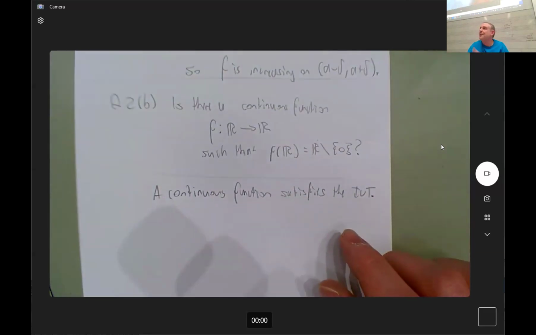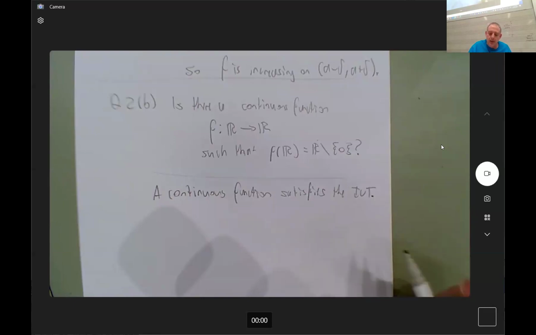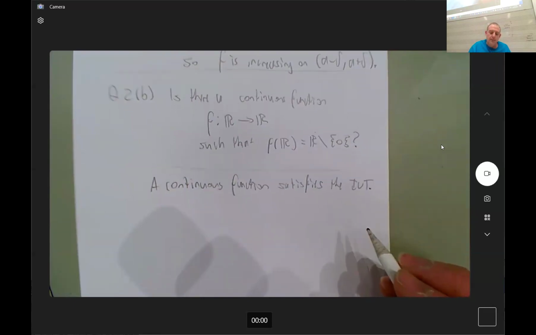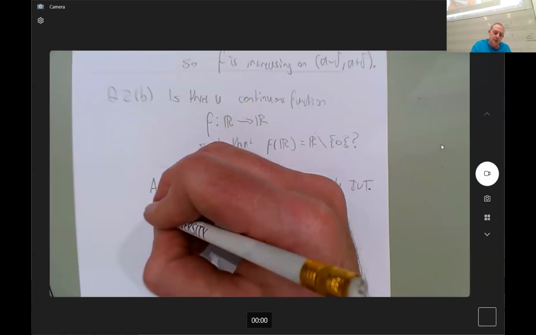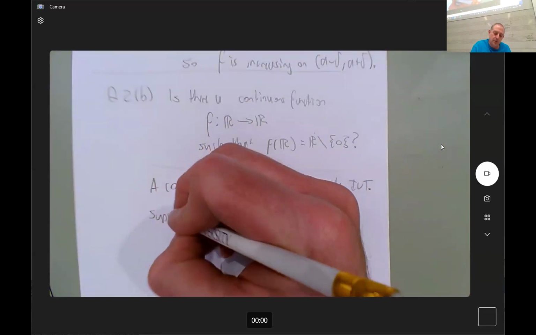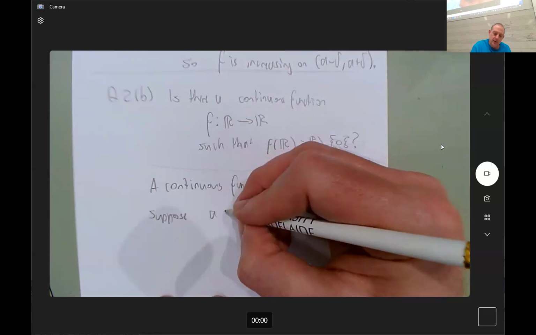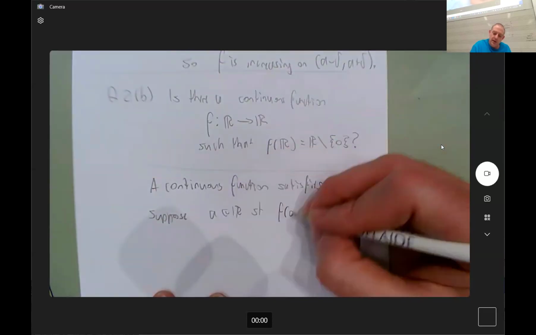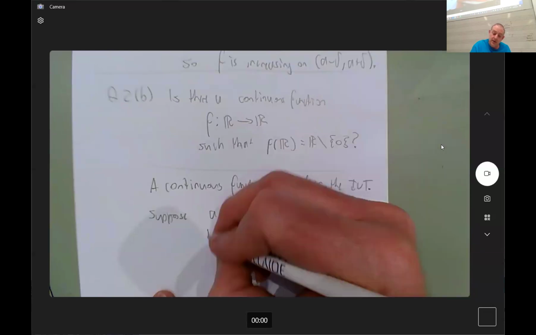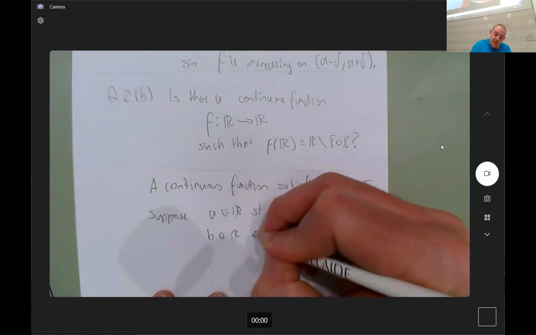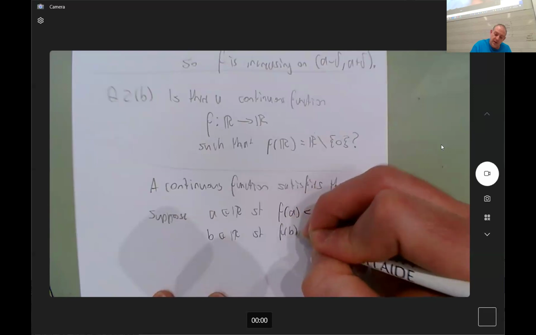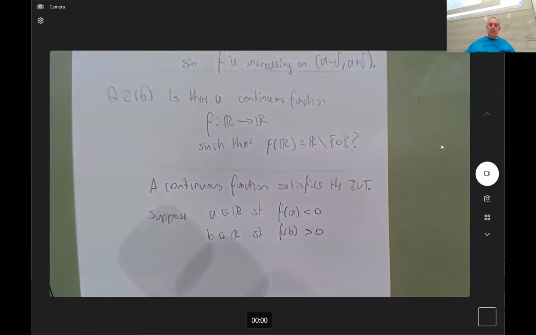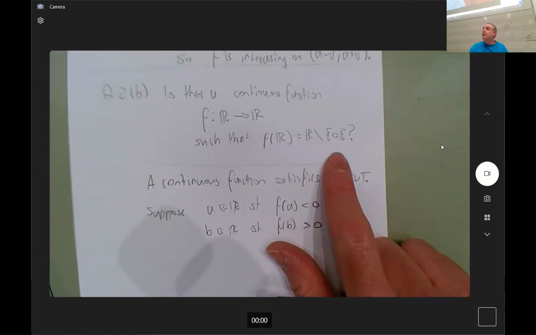I don't know which number it is, but it doesn't matter. And so suppose A is in R such that f of A is negative and B is in R such that f of B is positive, which must be possible if the range is R without 0.